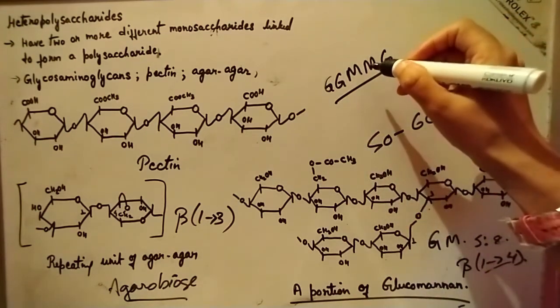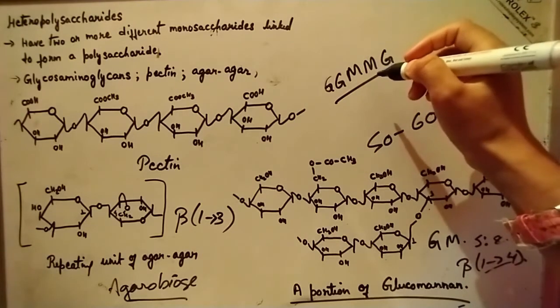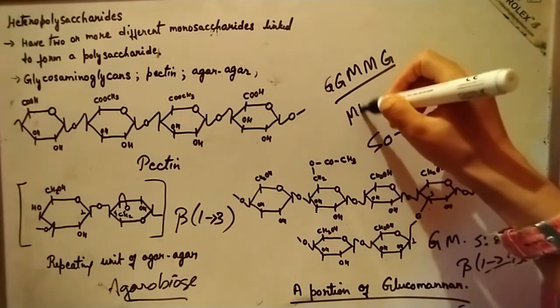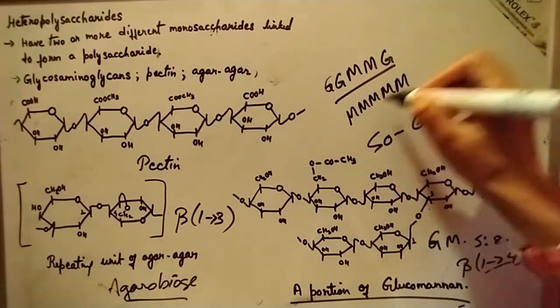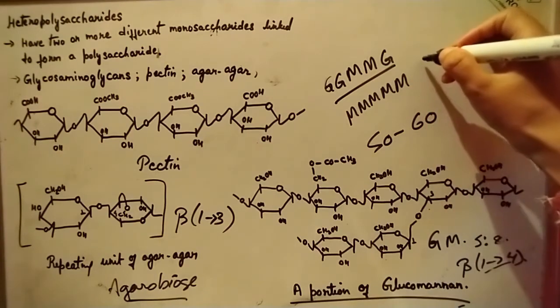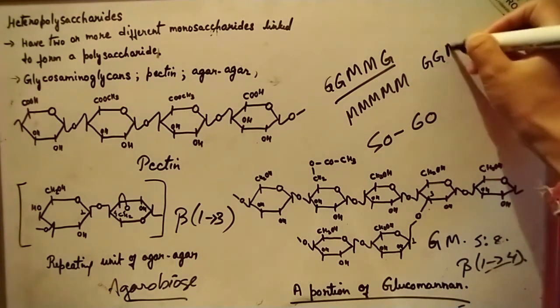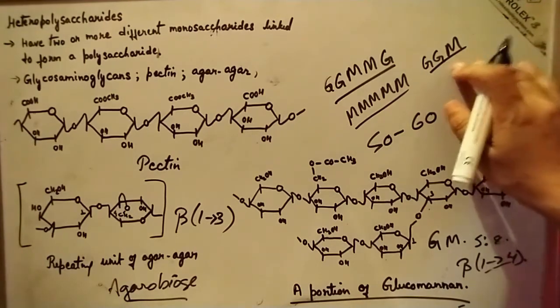Okay, or we may have all the repeating units, all 5 mannose residues followed by glucose, glucose and mannose. So this is usually the common pattern.